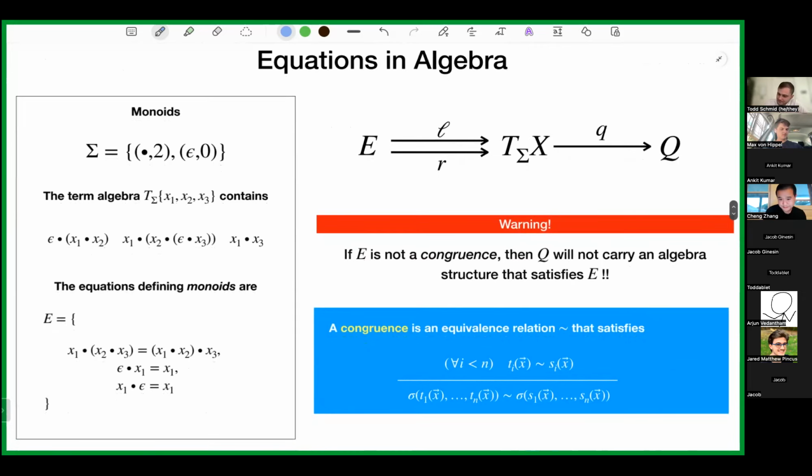So if we further impose this restriction on the equivalence, maybe we just close E under this rule, then we get an actual algebraic quotient, and not just this, well, very nice but a little bit oversimplified description of monoids.